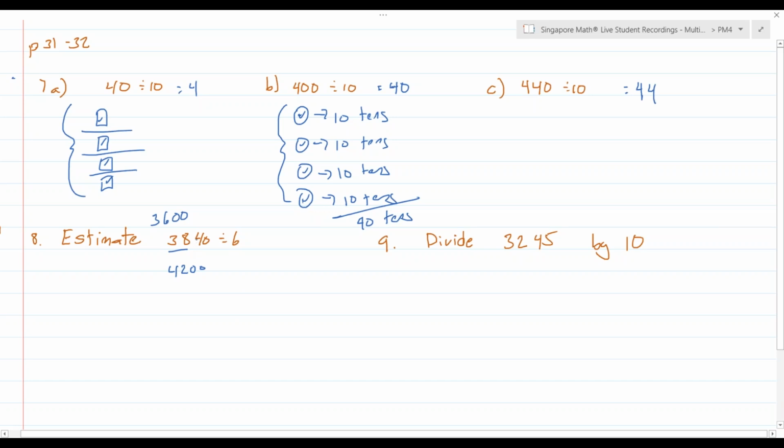Notice that 3,800 is between those two, and 3,800 is closer to 4,200 than it is to 3,600 because, maybe this would be helpful too, 3,600 and 4,200, this is 3,700, 3,800, 3,900. That made those a little bit too small.